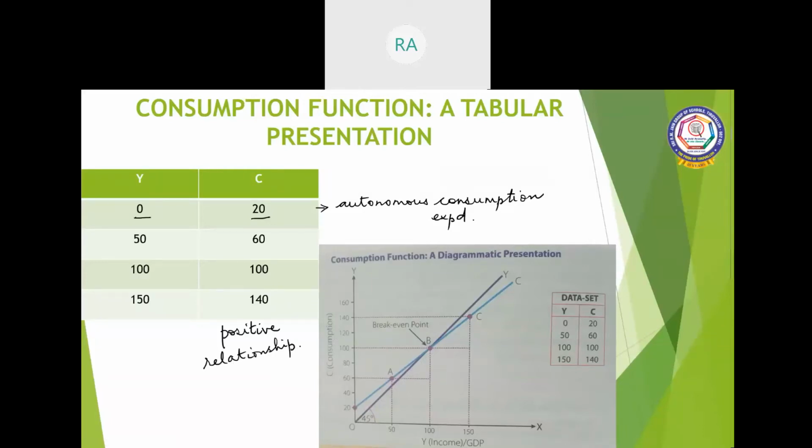The rate at which C increases is lower than the rate at which Y increases. Thus, while Y increases each time by 50, from 50 to 100 and 100 to 150, C increases only by 40, from 60 to 100 and then 100 to 140.